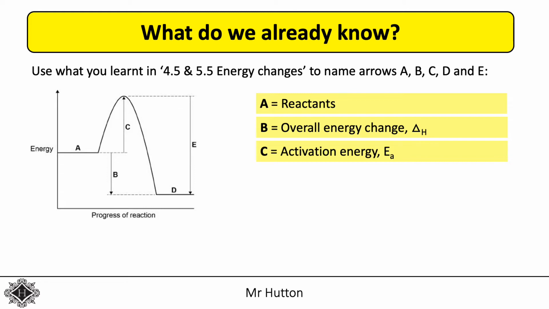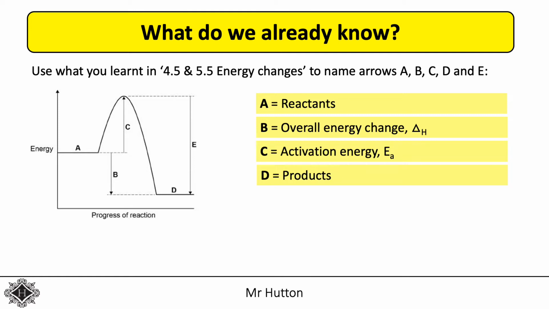And so we also saw activation energy on that starter slide on that graph, where it was the vertical line, and the particles to the right of it had lots of energy. Okay, so activation energy is represented by line C. D is the products. Okay, so now we know that the overall energy change, line B, is between the reactants and the products.